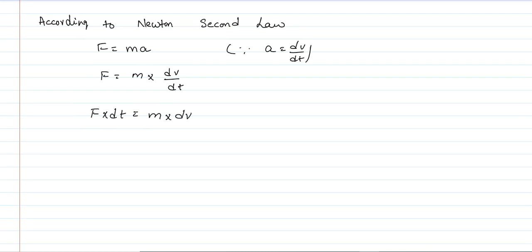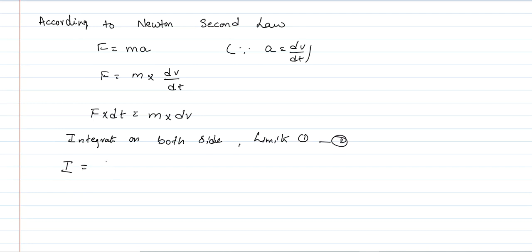If you integrate both sides, you will get the total force into the time interval and mass into change in velocity. So integrate on both sides under the limits 1 to 2. If you integrate both sides, it is nothing but impulse.